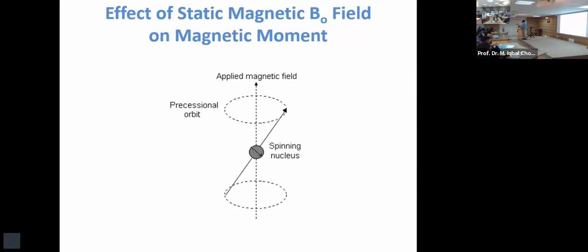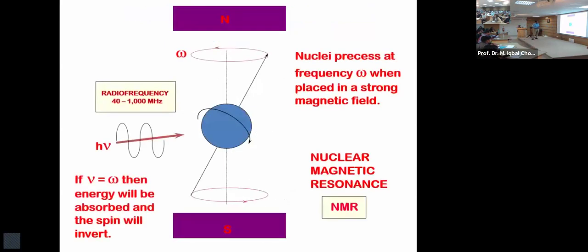Now in ethanol, you need to have a radio frequency which matches with three different Larmor frequencies of three different types of protons. So the machine which was used earlier was this one.